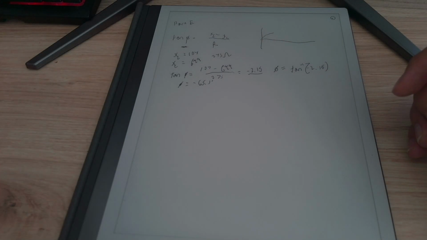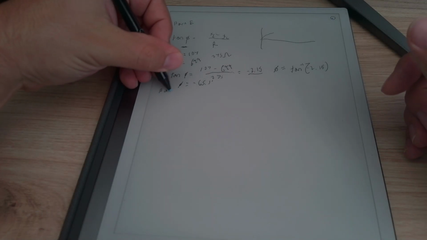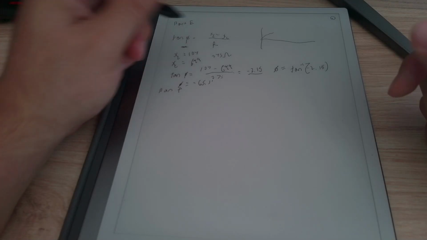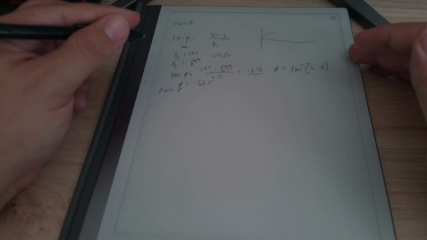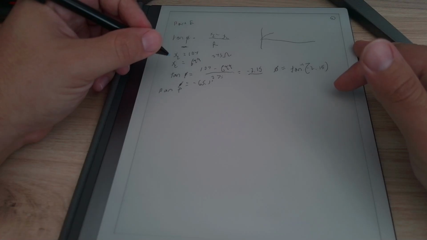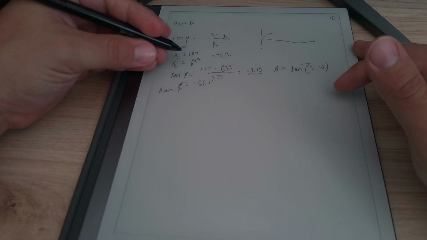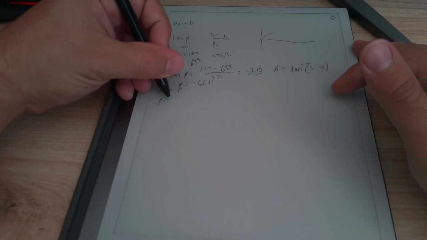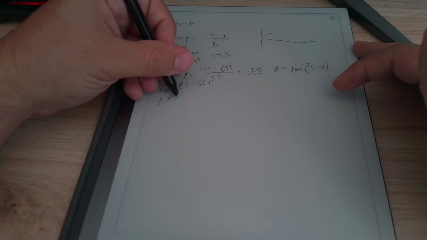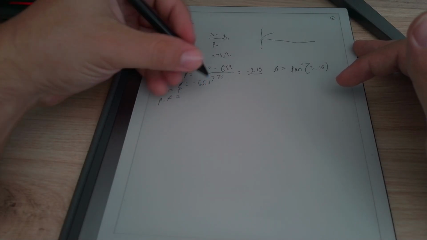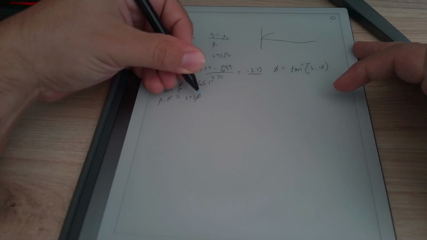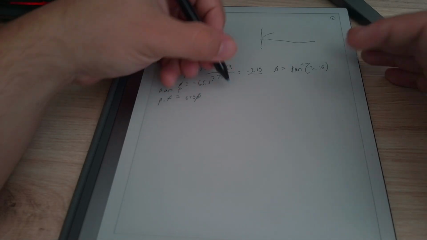And then for part F, it's going to ask us, what is the power factor of it all? Now, power factor, that's how you write PF, is just the cosine of the angle. So it's real simple.